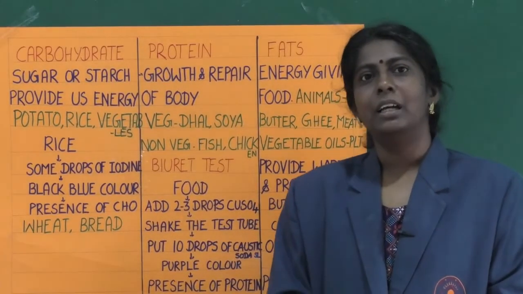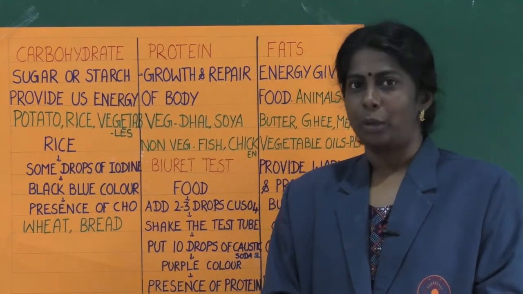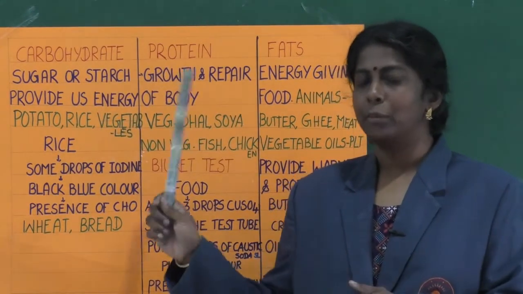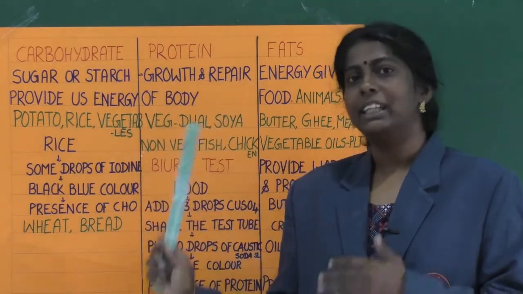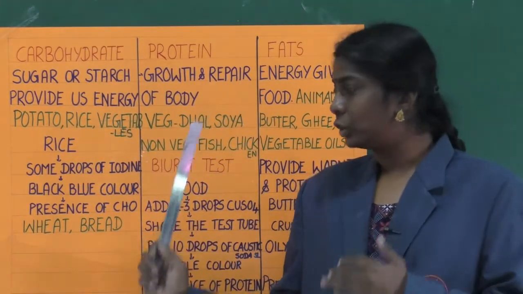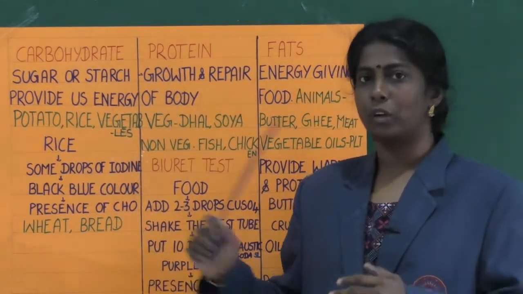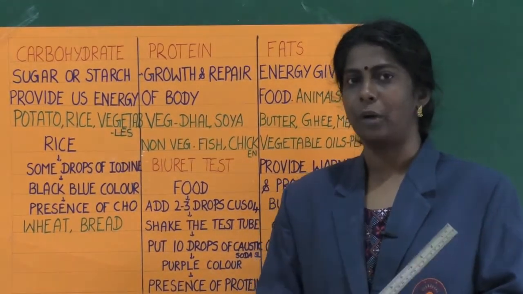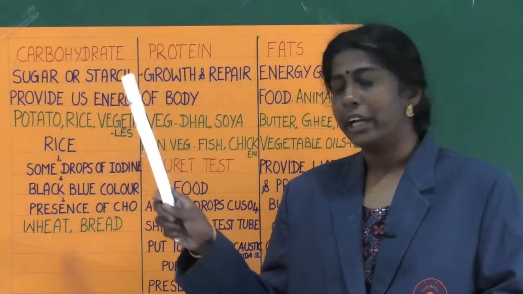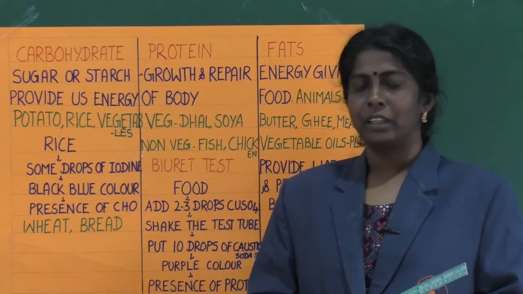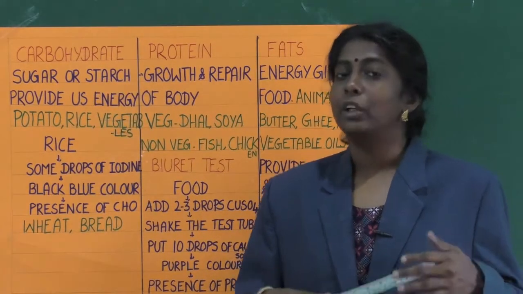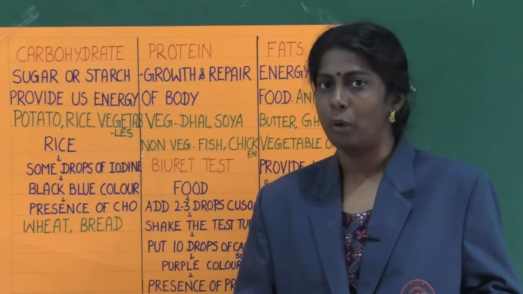Now about the major ingredient, carbohydrate. We are going to learn about that, and a test which shows the indication of the presence of carbohydrate. As I said, carbohydrate is an energy provider, and it is basically divided into two different types, simple and complex.